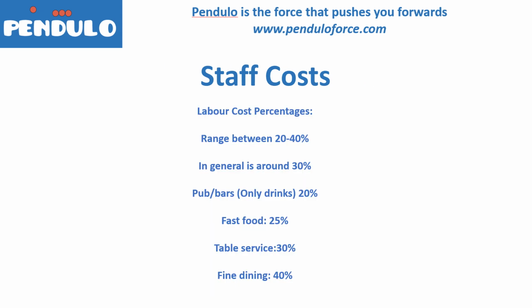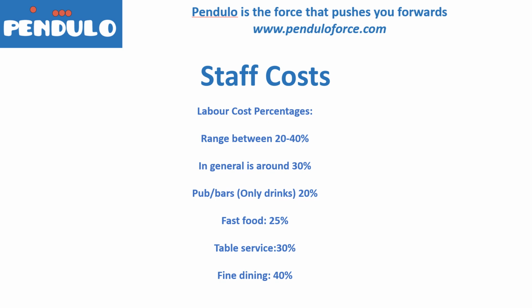Just to give you an idea, the range of the staff costs in your business model should be from 20 to 40%, in general around 30. Pubs and bars usually have 20% staff cost because they only have drinks, so the labor needed to produce those drinks is usually less, unless you have a very specialized cocktail bar.